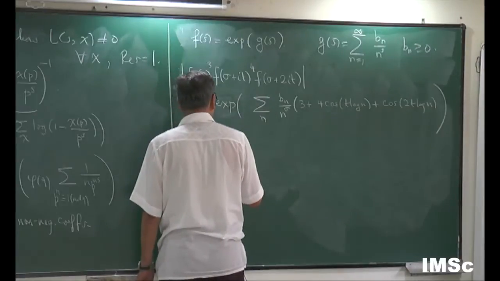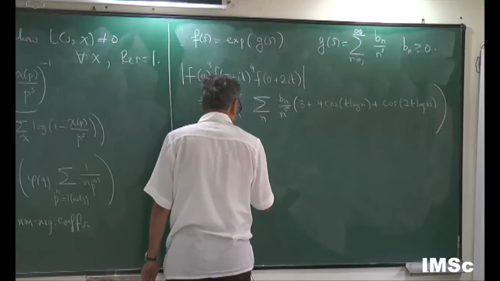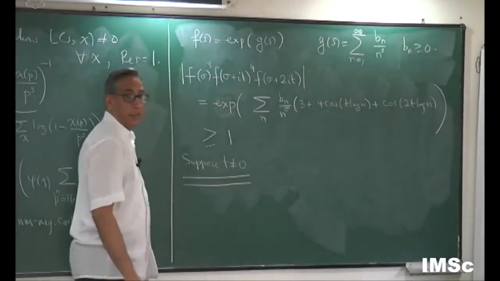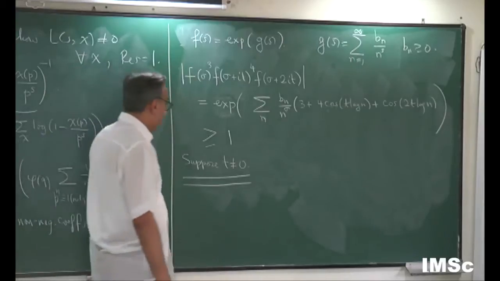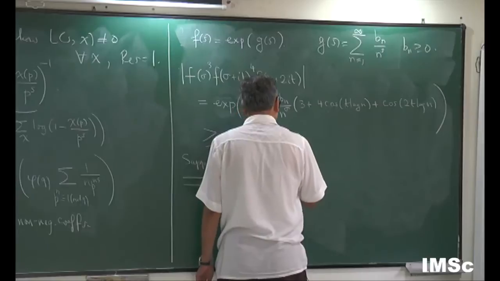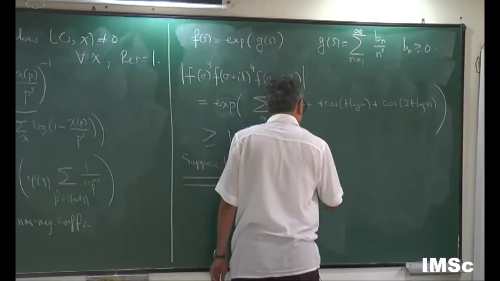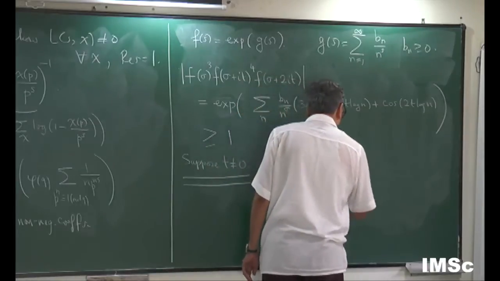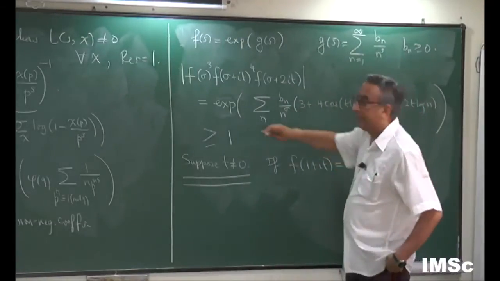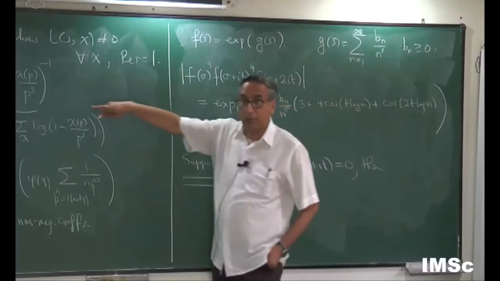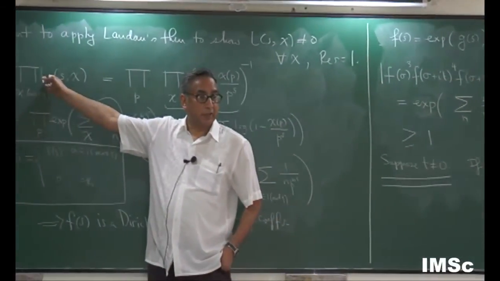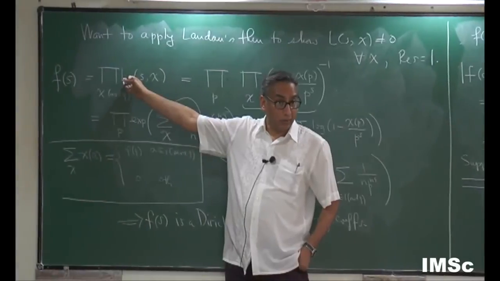Okay, and now let's suppose t is not 0 first. Suppose t is not 0, and suppose that f of 1 plus it equals 0, then what happens? Well, remember that one of these things is the Riemann zeta function at chi equal to chi naught, and that's got a simple pole.